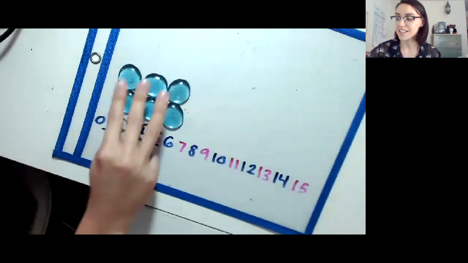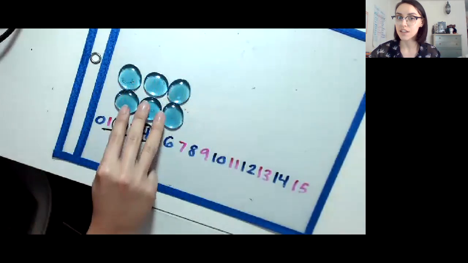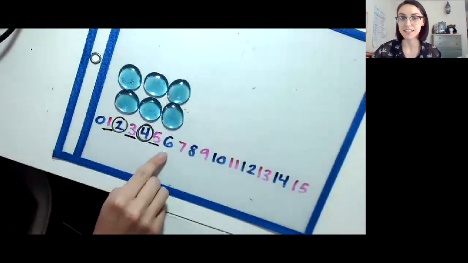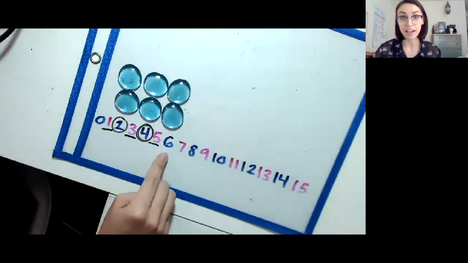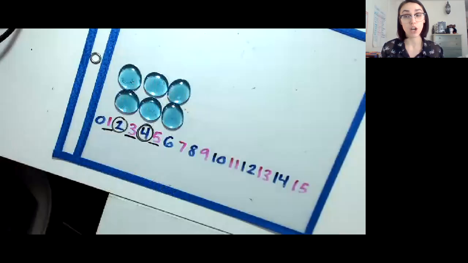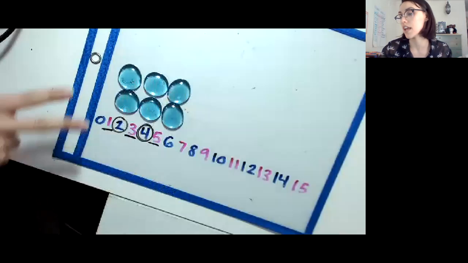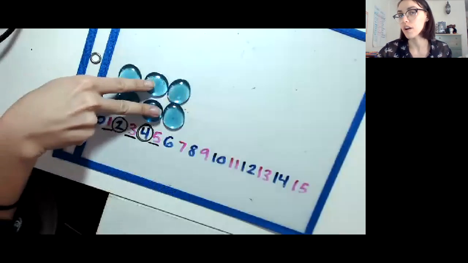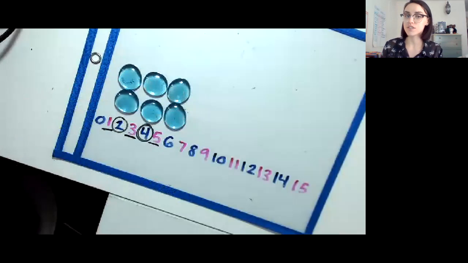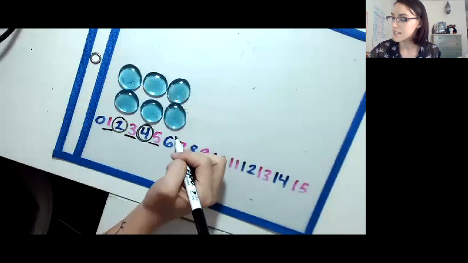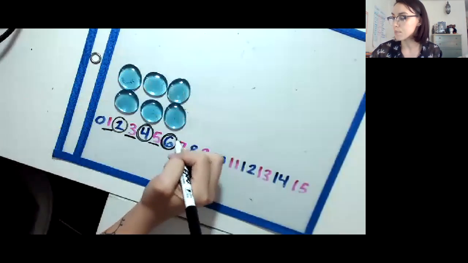That's right. It's 3 plus 3 is 6. Also, we can count by twos. We also talked about counting by twos yesterday. 2, 4, 6. We just proved that 6 is an even number.